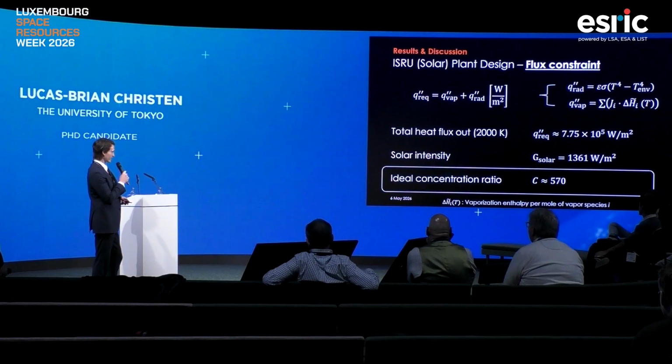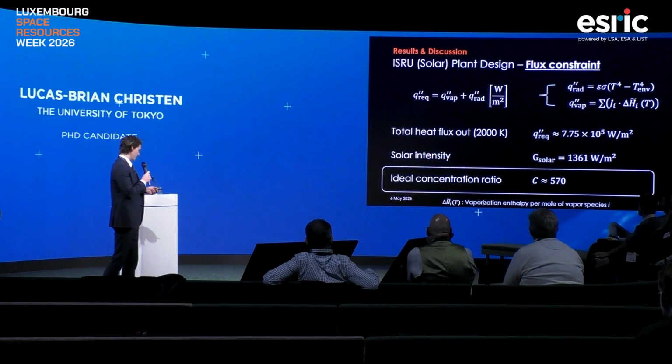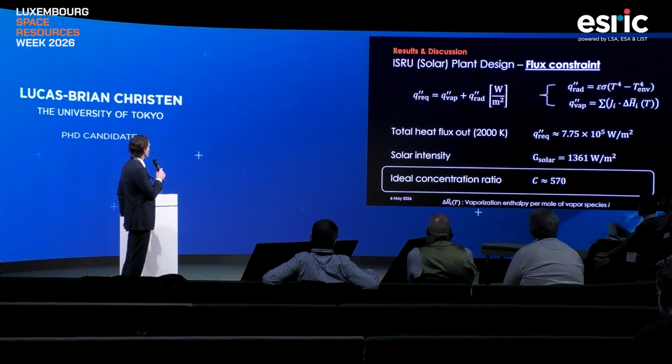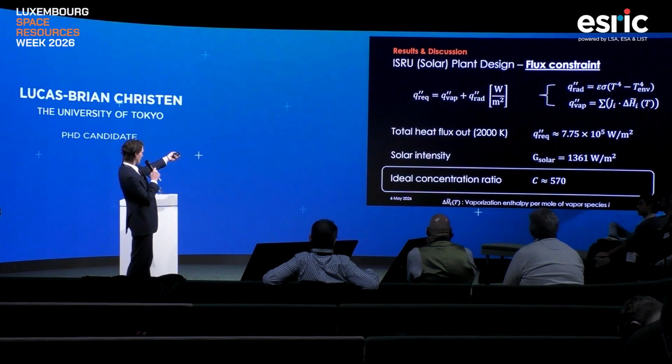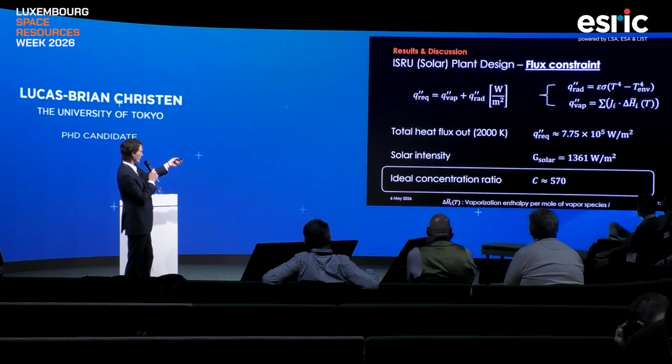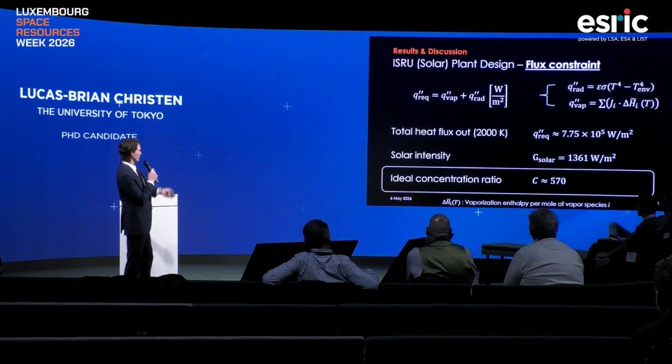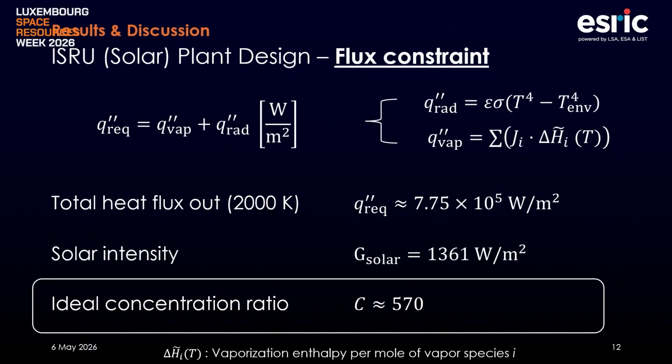We have another constraint, that is flux. The required heat flux in that equation on the left side is equal to the losses. That would be the vaporization cooling effect and the radiation cooling effect. And the radiative loss scales with the temperature to the 4th power, so there's a high magnitude there that we have to account for.